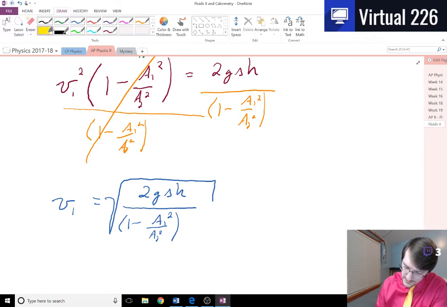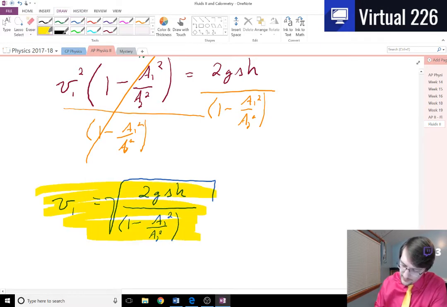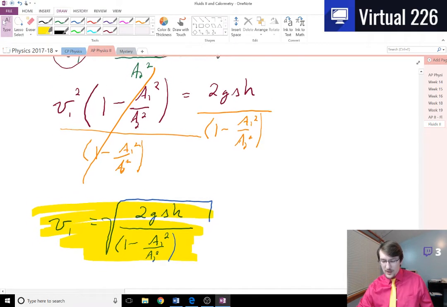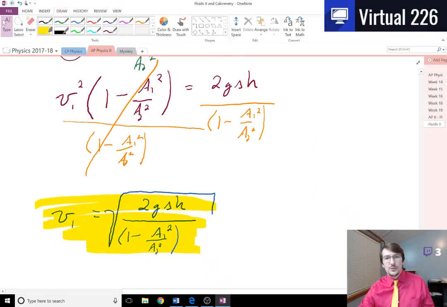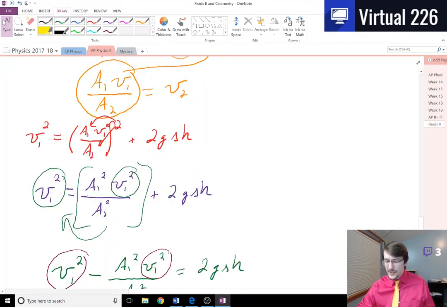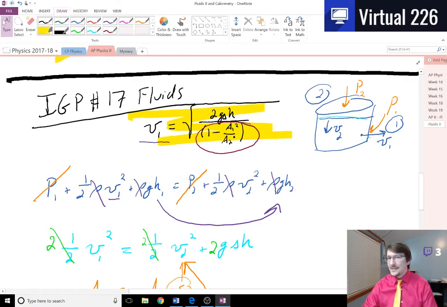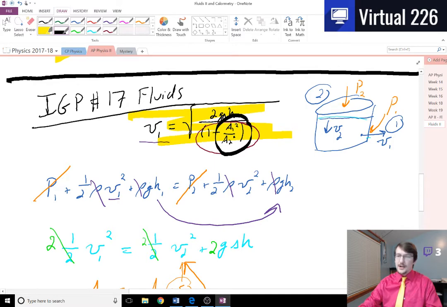And then hey, look at that. That's what we were looking for this whole time. This goes to show that while normally for Torricelli's equation, we use Bernoulli and we assume that that initial velocity is 0, if that initial velocity had some value that we cared about, or if we were looking at what is this ratio difference between A1 and A2, if I made the hole bigger in the bottom, how would that velocity change?